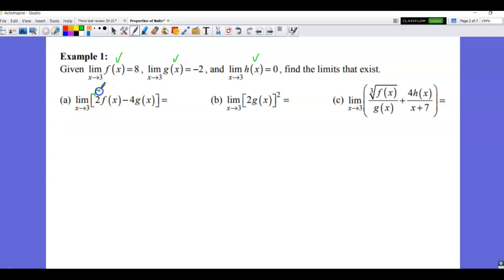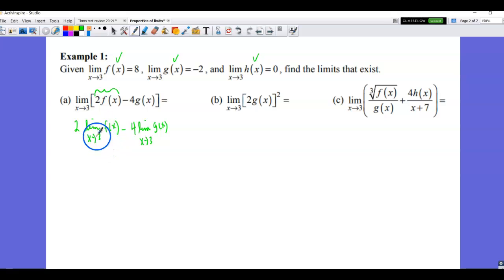So for this first term right here, I can use the constant property, and I'm going to have that be 2 times the limit as x approaches 3 of f of x. Then I'm going to subtract. I'm going to use the constant property again, 4 times the limit as x approaches 3 of g of x. So there's my rewrite using the properties.